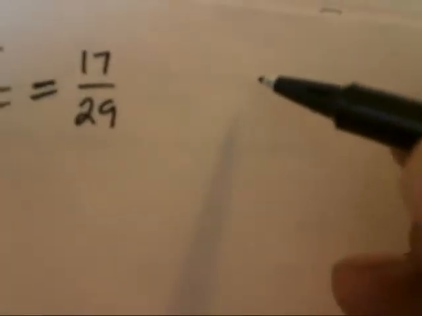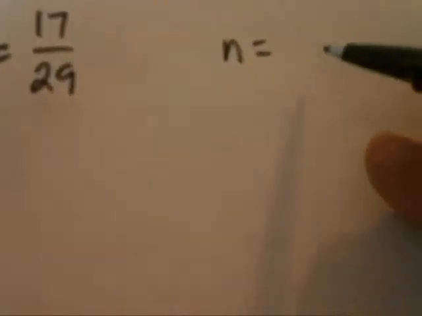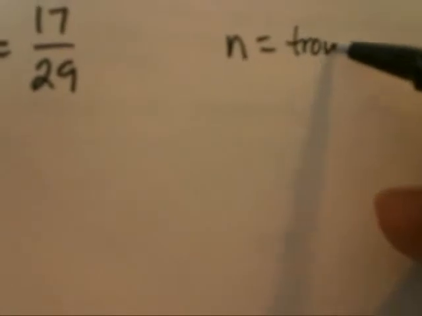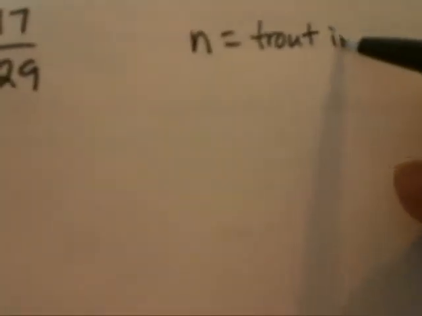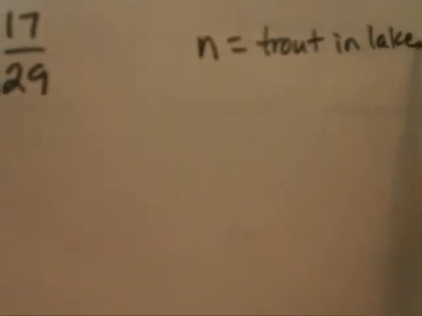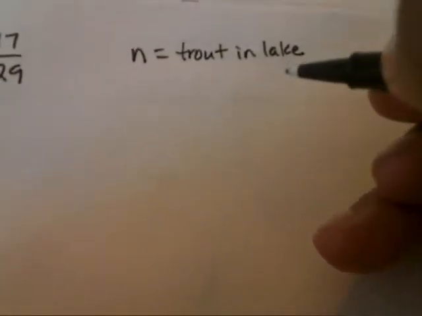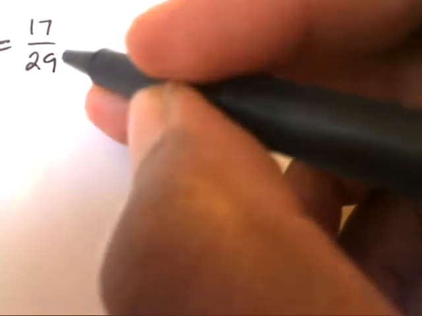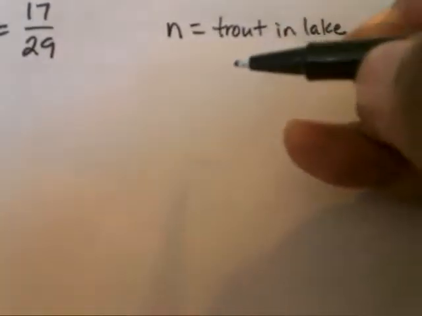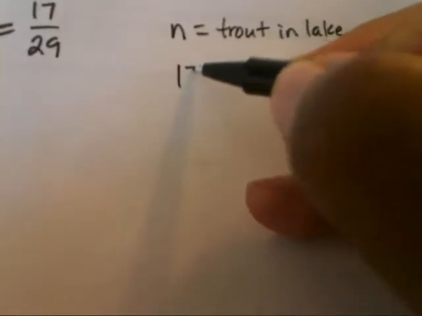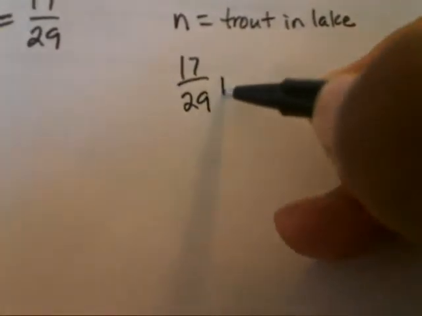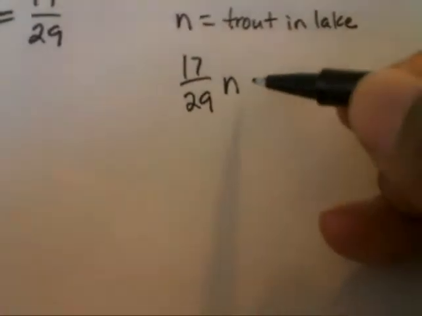Now we're going to find out the number of trout that are in that lake. We're going to let n be the number of trout in the lake. We know that 17 over 29 were tagged originally, so we're going to take 17/29 and multiply that by n, the number of trout in the lake.